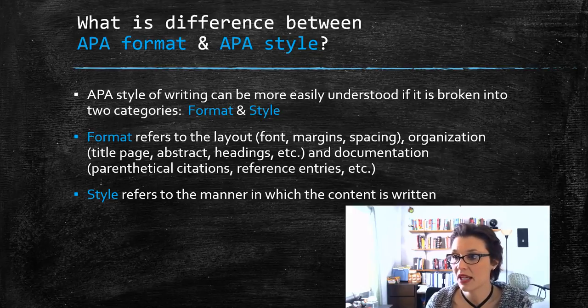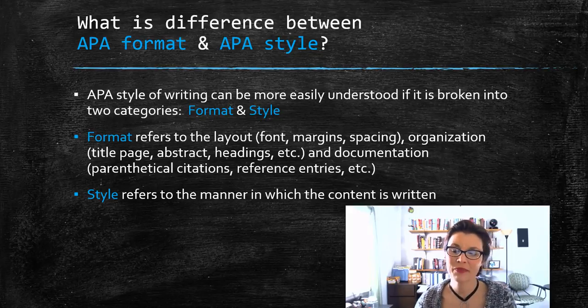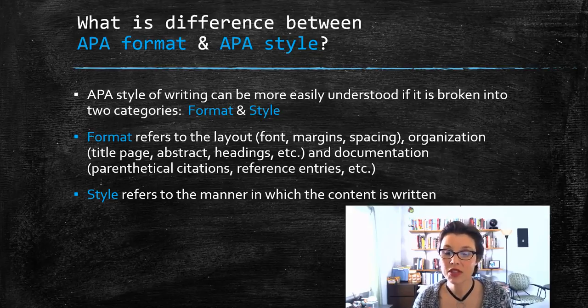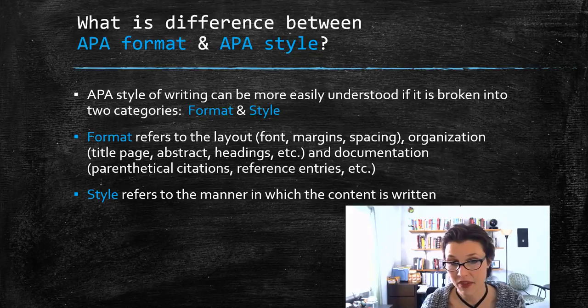It would also include documentation, parenthetical citations, reference entries. It would include the headers, the level 1 headings, the level 2 headings, the running head at the top, all of that formatting, the way the paper is physically laid out. Those types of things we would call format.